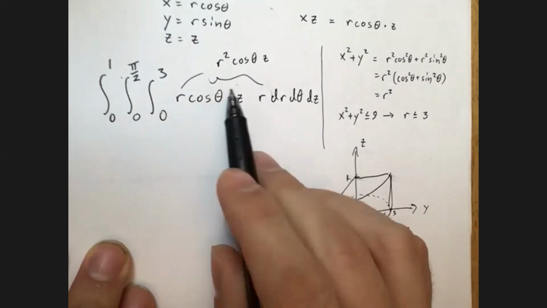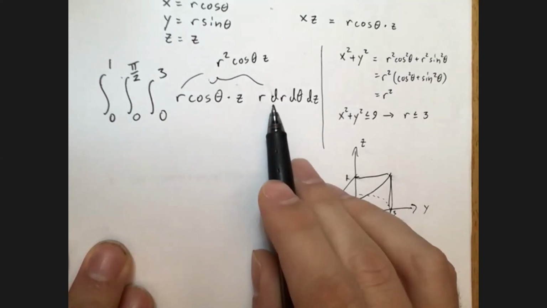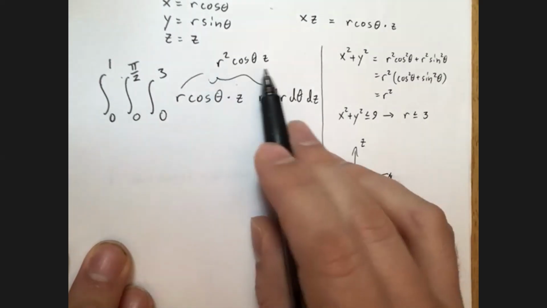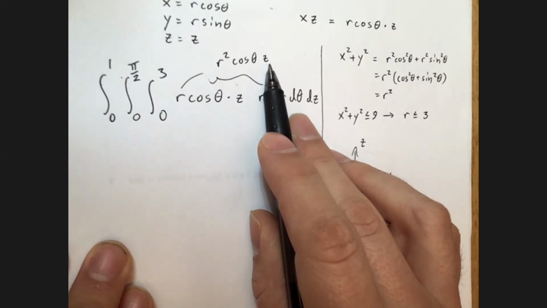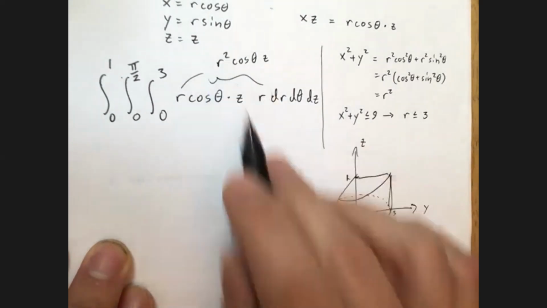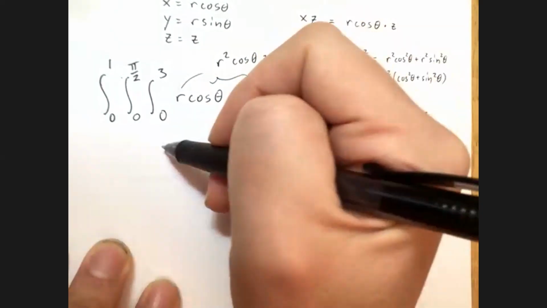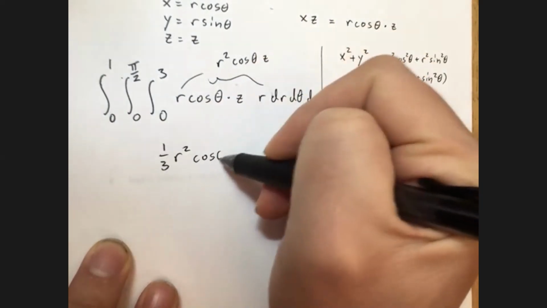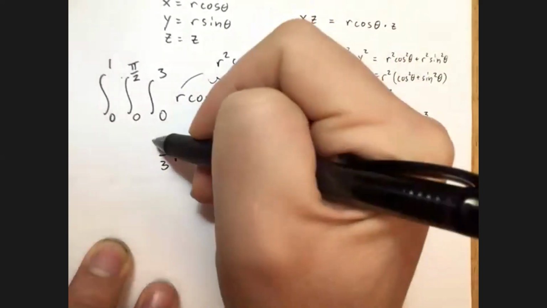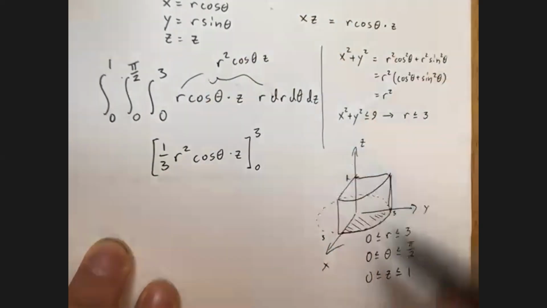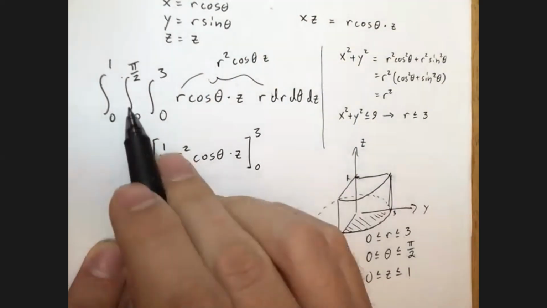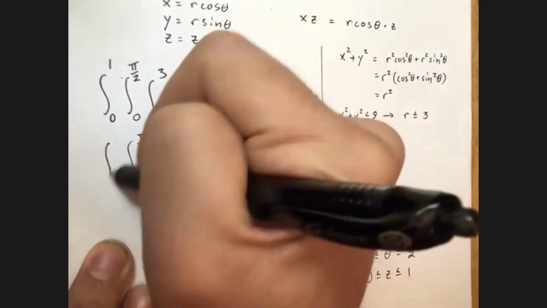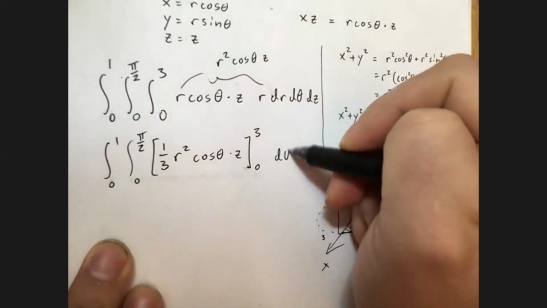Okay. So now we have to do this integral. First we're integrating with respect to r. So we're going to anti-differentiate r squared. We're treating theta and z as constants. So the antiderivative of r squared is 1/3 r cubed, right? So 1/3 r cubed cosine theta z. We're going to evaluate that from 0 to 3, and then we're going to integrate that answer according to what we had out there.